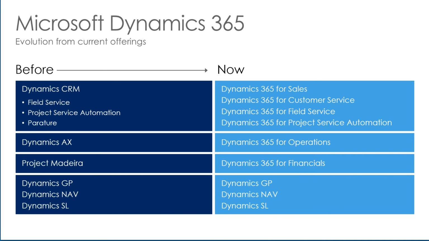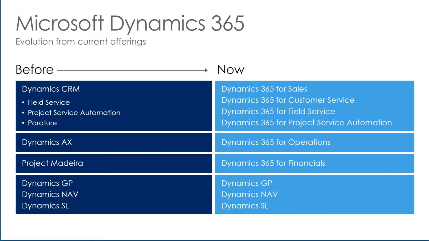So looking specifically at the difference between Dynamics CRM and Dynamics 365, you can see here that before, when you had Dynamics CRM, now it's broken into its individual modules. Dynamics 365 for sales, Dynamics 365 for customer service, and then 365 for field service and project service as well.